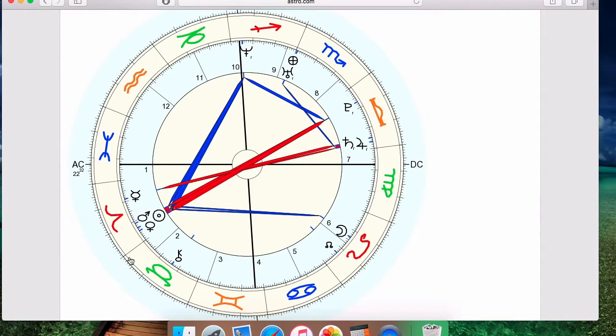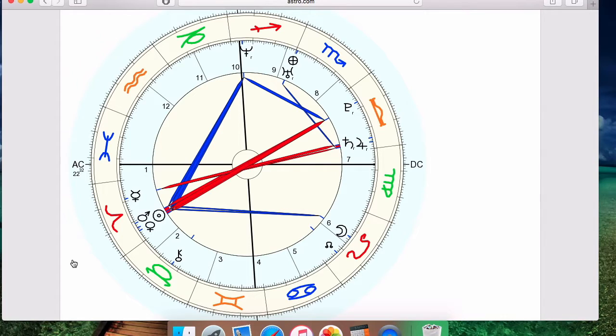So getting back to interceptions, there are 2 theories about intercepted signs. The first one, the most common one, is that the energy of that sign is dormant for you. There's some sort of blockage for you to express that energy. And oftentimes people say that it's because in a past life you didn't get to express that energy, or, if you don't believe in past lives, in your childhood you were somehow suppressed.